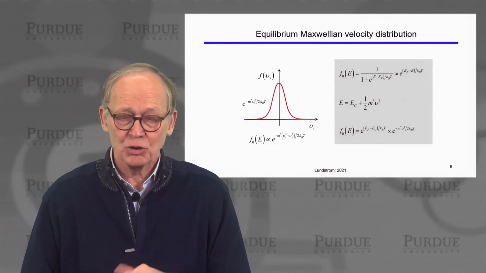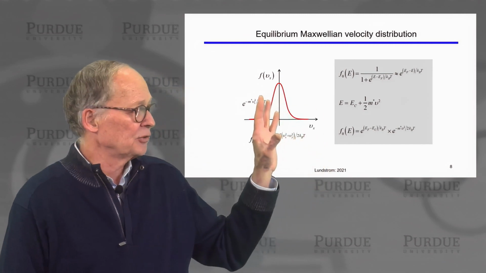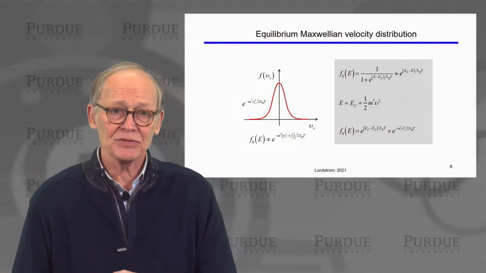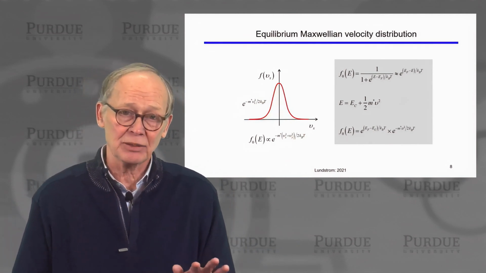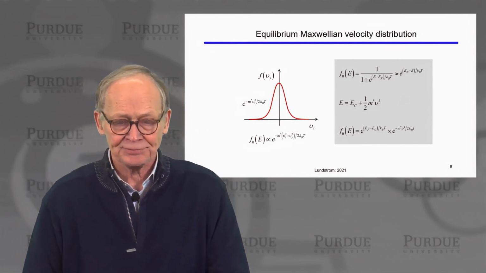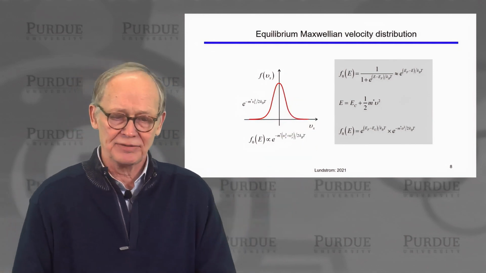If we look along one direction, the x direction, we'll see a distribution of velocities that looks like this. The overall average velocity is 0 because we're in equilibrium, so the electrons are not flowing anywhere on average. But we have this symmetrical shape about v equals 0.